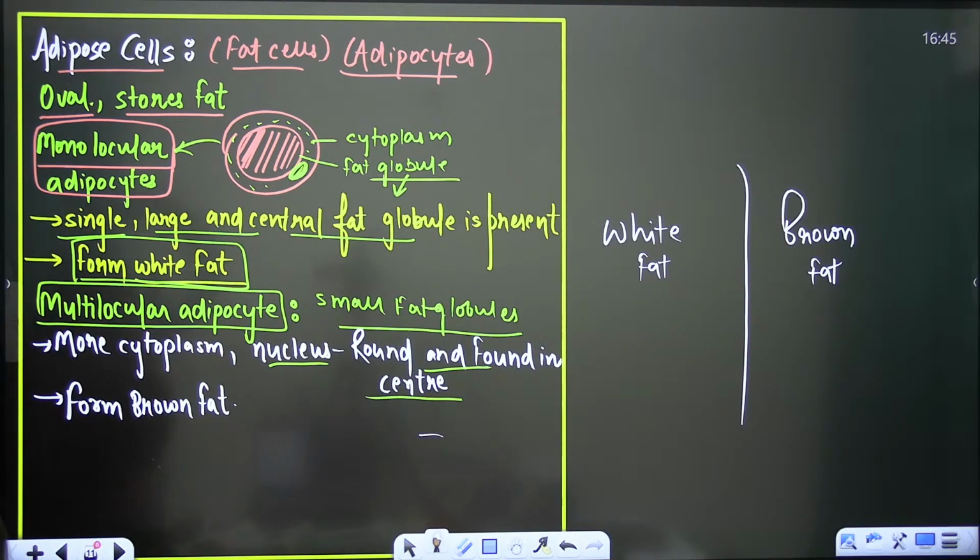Do you know the difference in these two?